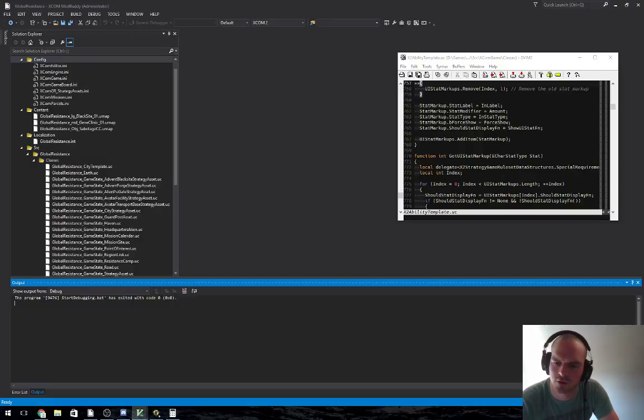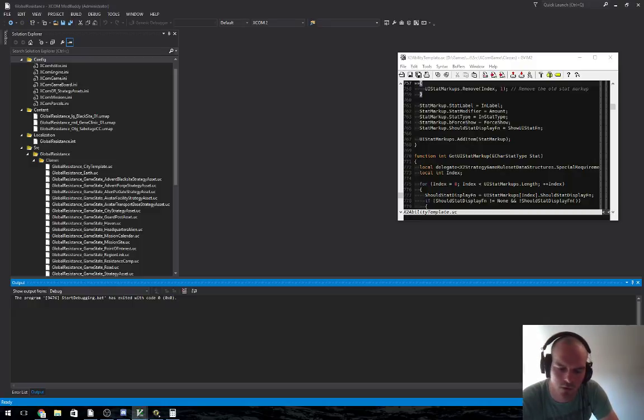Alright, so for each asset dot strategy asset structure, for each of them, what do we end up with?